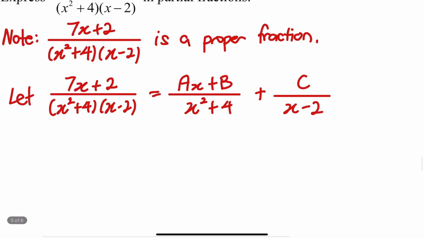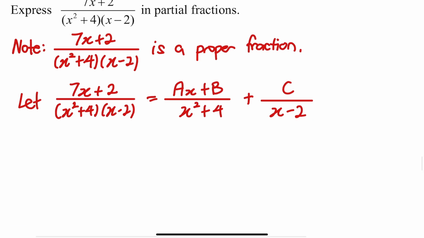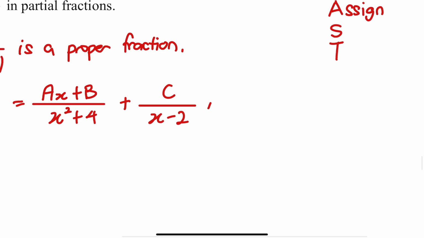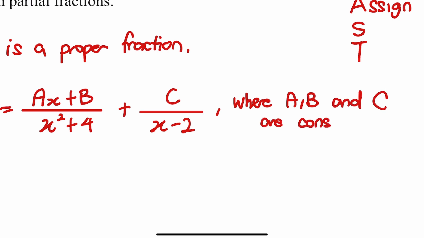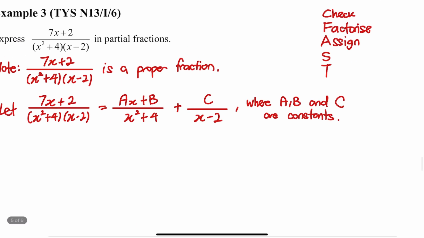Okay. Then my next step, once I've done that, we also need to label because I introduced A, B, and C, where A, B, and C are constants. Okay. So assigning part done. Next step, solve.